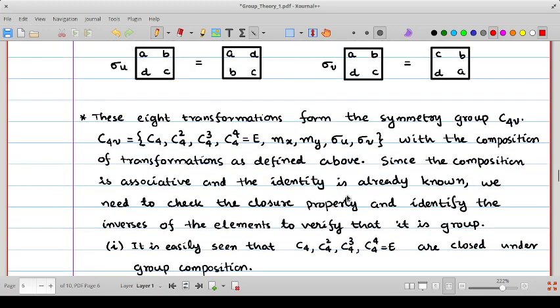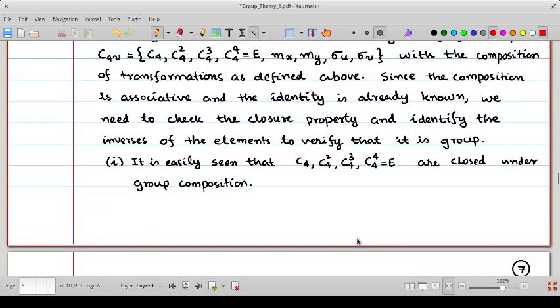First of all, we note that C4, C4 square, C4 cube, and C4 to the power 4 are closed under group composition. That is, C4 times C4 square is C4 cube, and C4 square times C4 cube can be written as C4 square composed with C4 square composed with C4, but C4 square times C4 square is C4 to the power 4, which is identity.